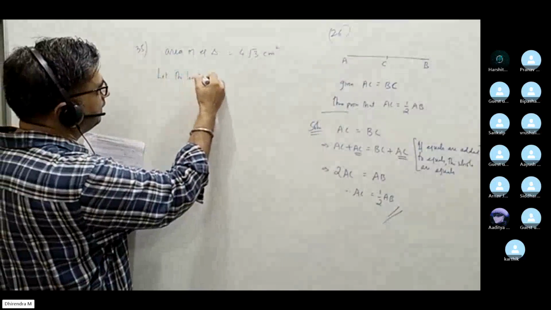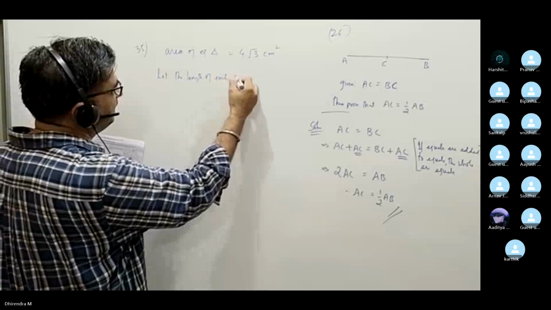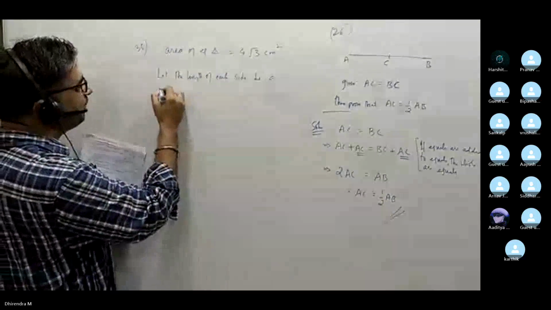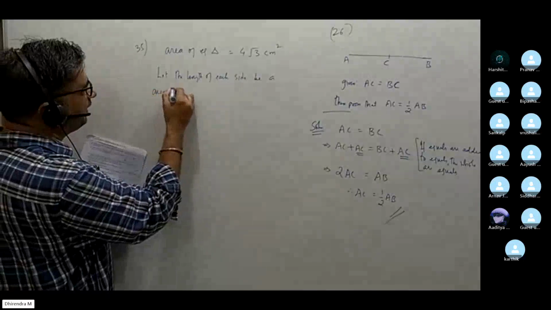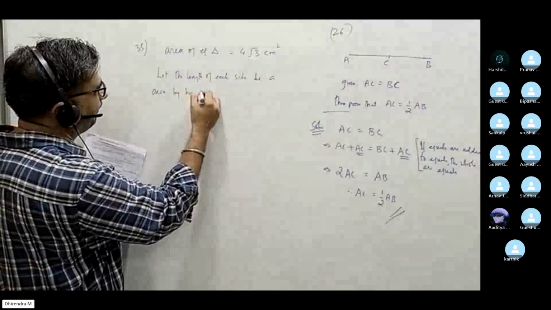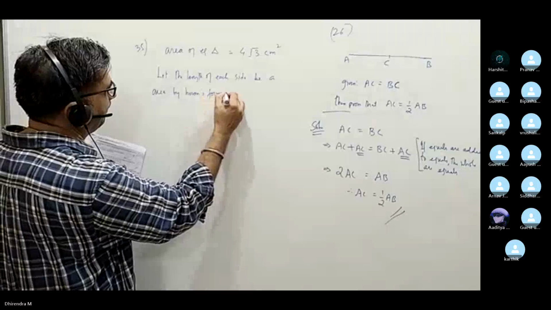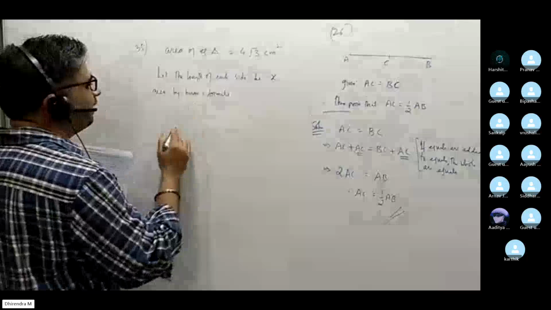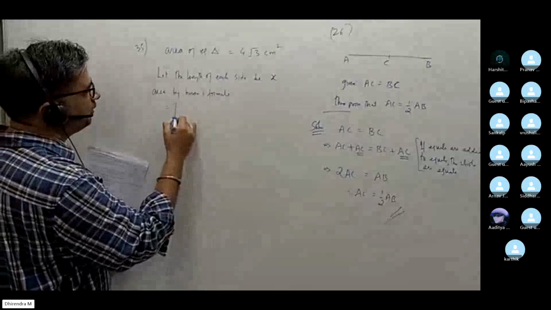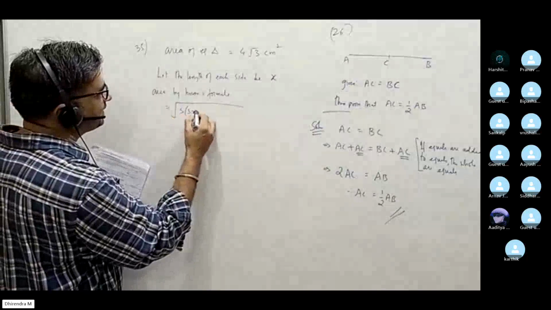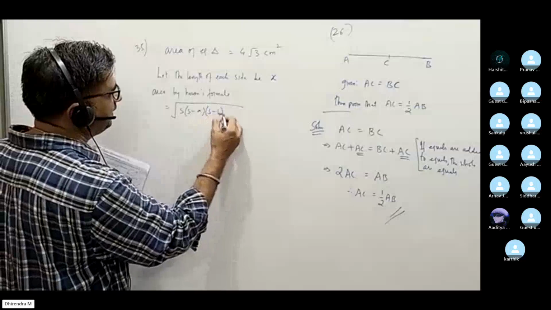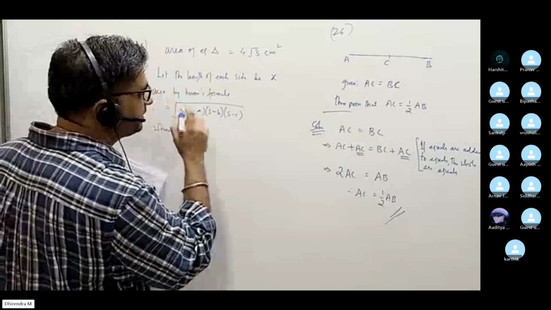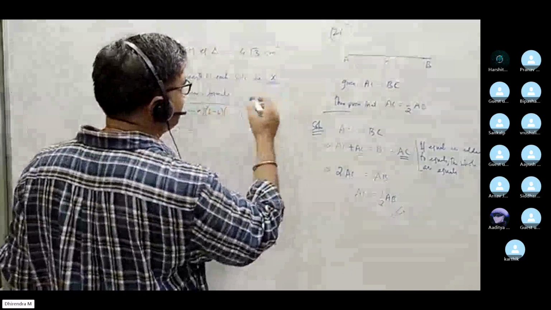Now let the length of each side be A. So now we are required to find the area by Heron's formula. We have an A there, so let us call it X. Area by Heron's formula is what, folks? You already know this: root of S into S minus A into S minus B into S minus C, where S comes to how much in this case?